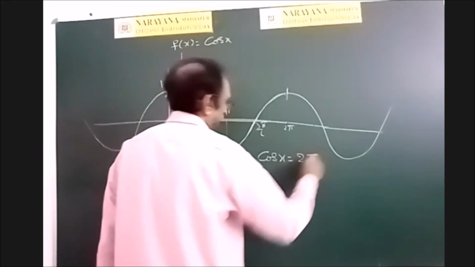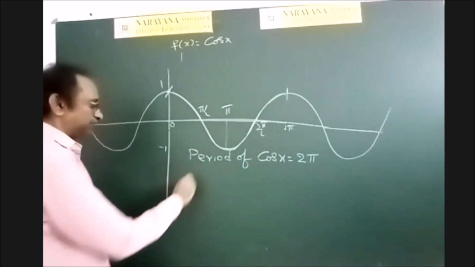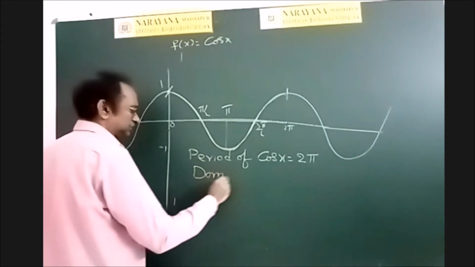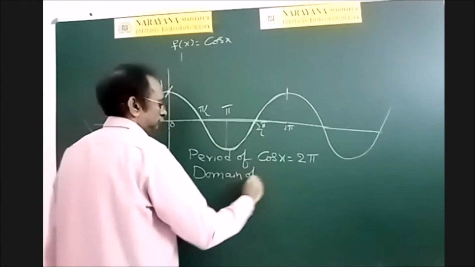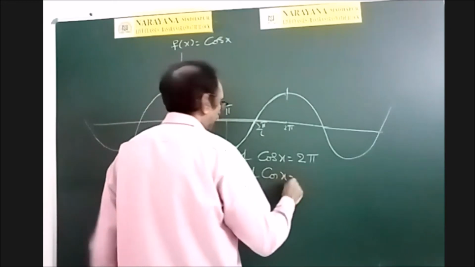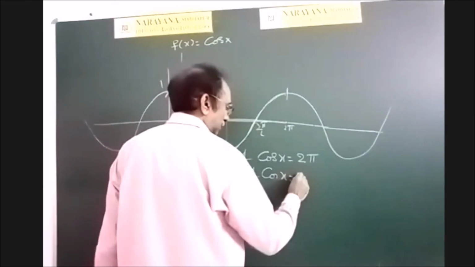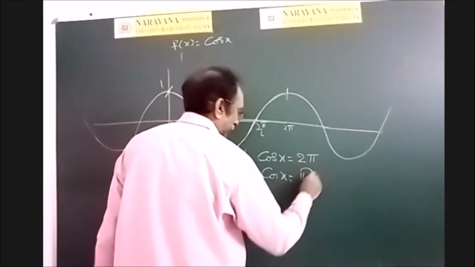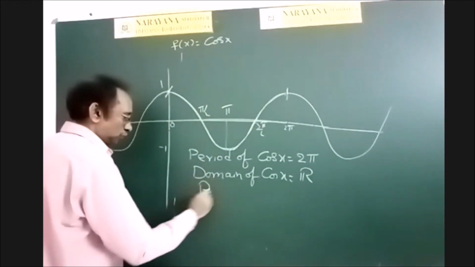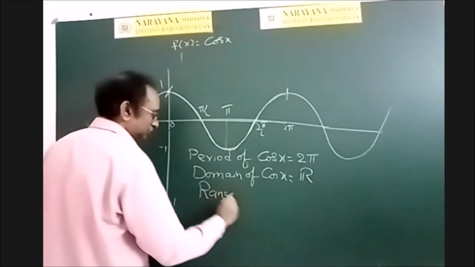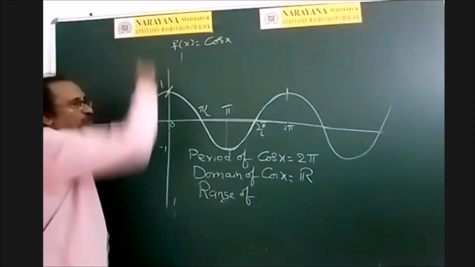And what is the domain of cos x or range of cos x? Domain of cos x, you can write any number in place of x. So domain is capital R. What is the range of cos x? You won't get any value as cos x.